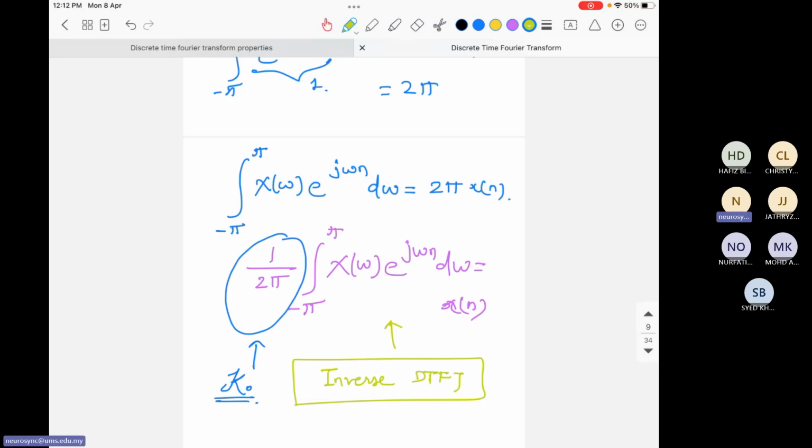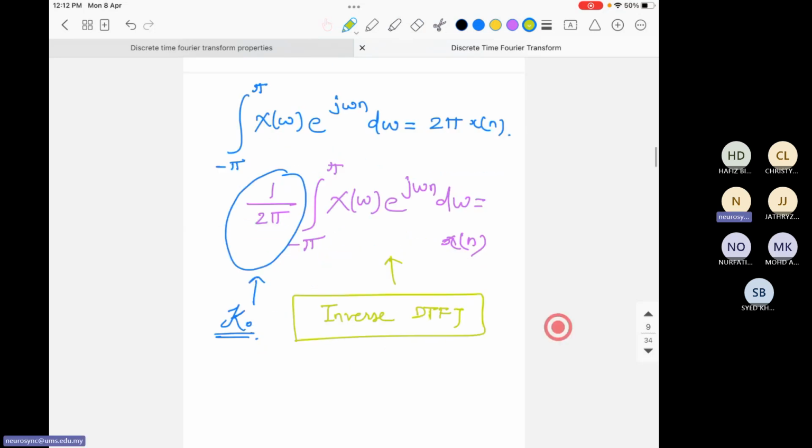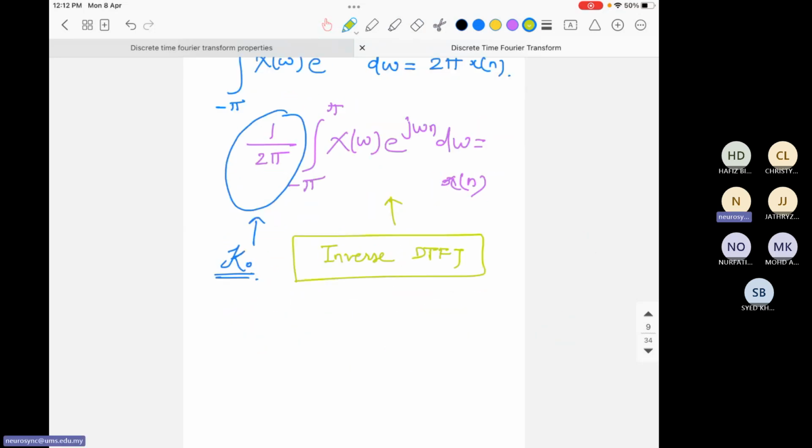So I can get the original sequence x of n if I have the information of X of omega. X of omega is periodic with 2 pi, that you need to understand, and I can get x of n from X of omega with this formula. And this integration term should also converge.